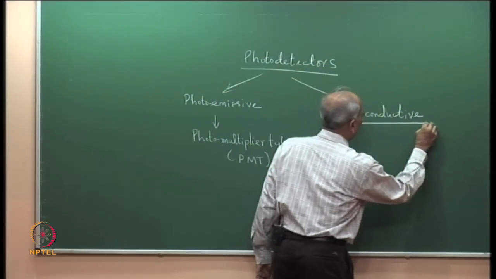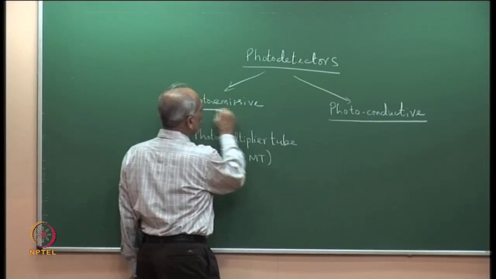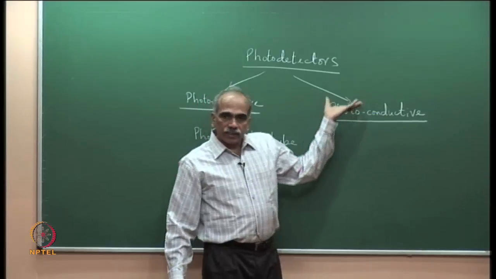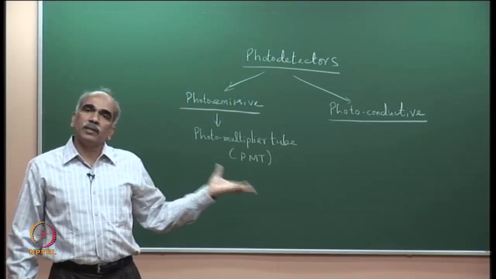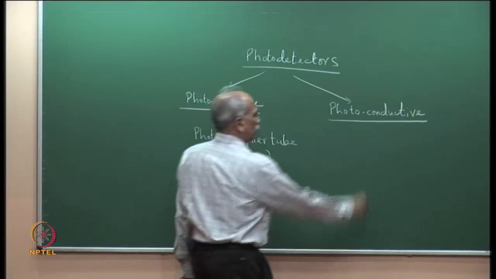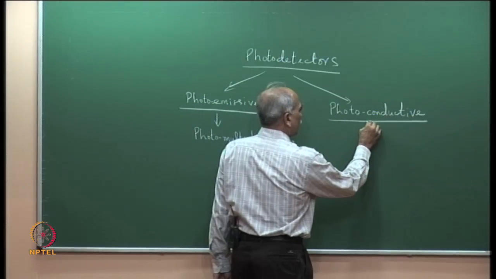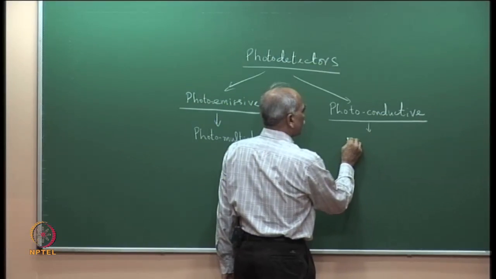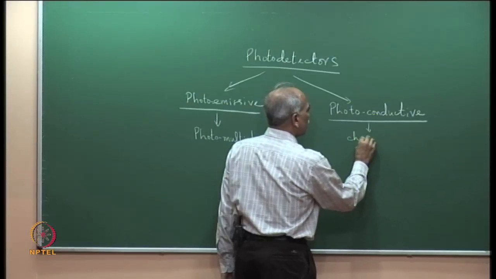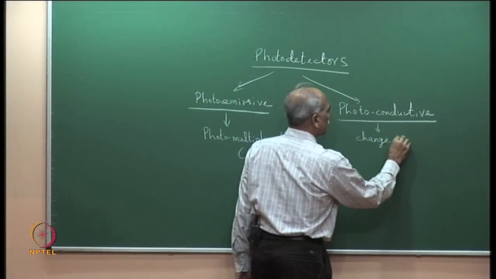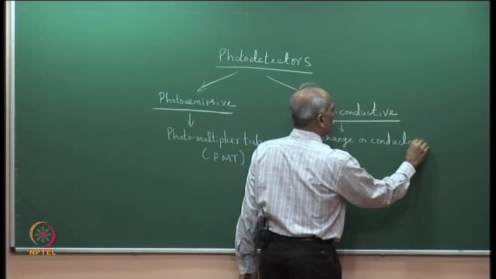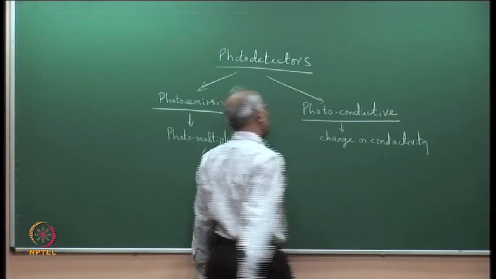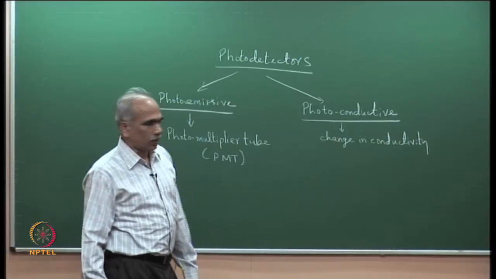Photoconductive, as the name indicates, so this is photoemissive, photoconductive. The incident photon changes the conductivity of the detector. So, photoconductive refers to detectors based on change in conductivity due to incident photons.